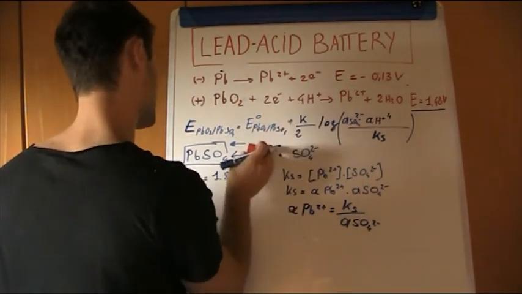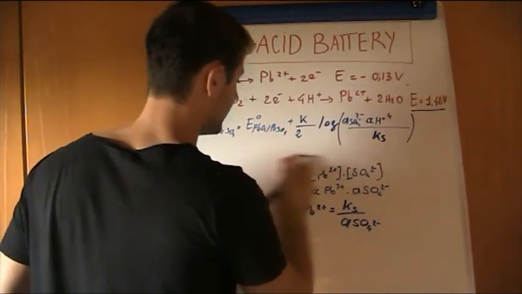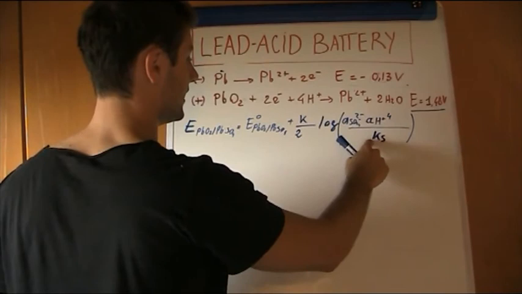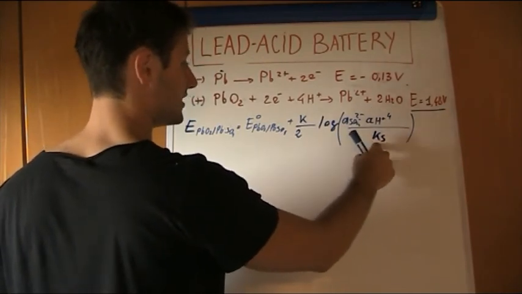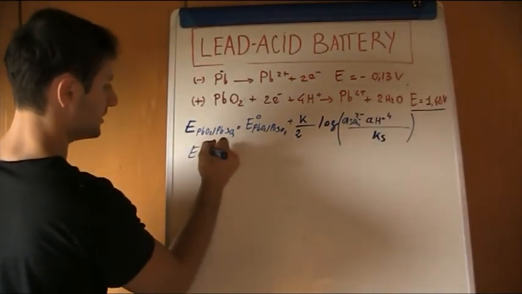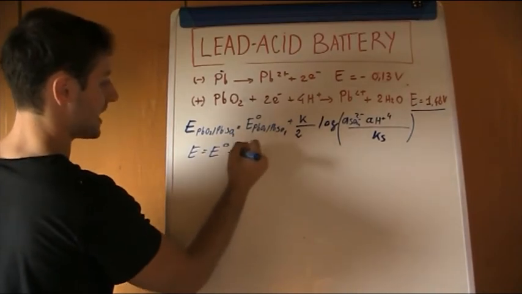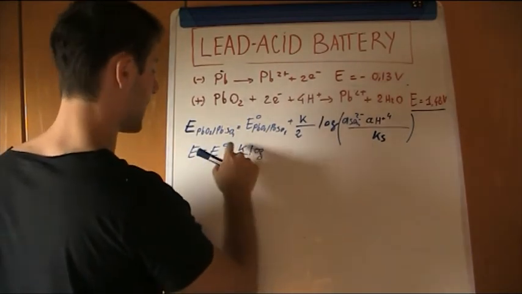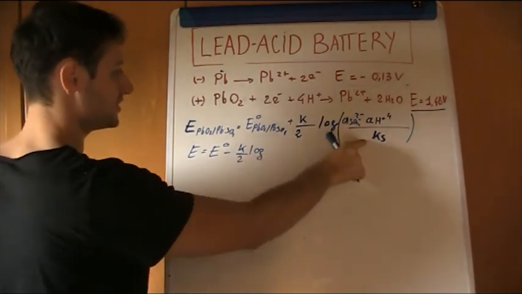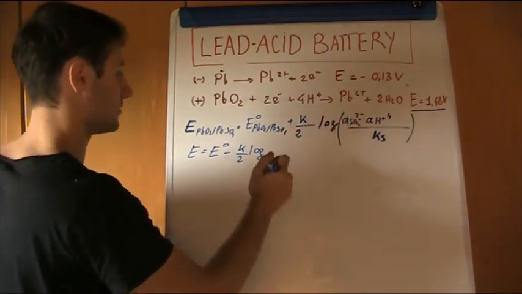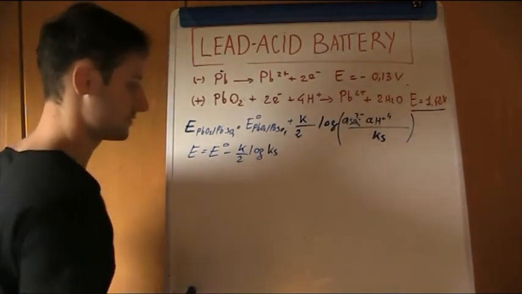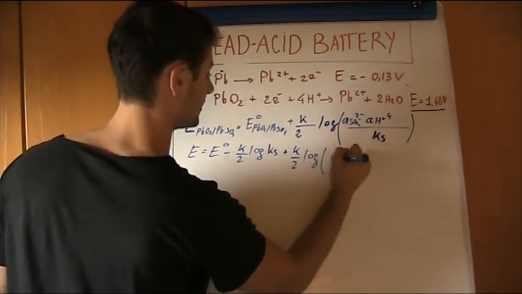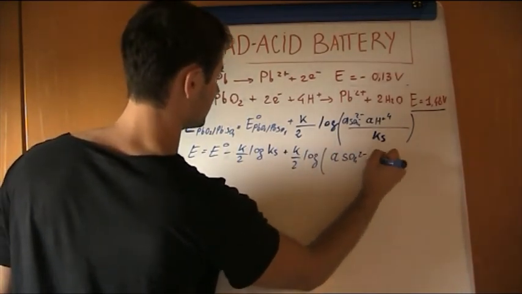So basically now what is important to say is that we can take this component and put it outside. So E is equal to E0 plus K2 log of Ks, because this is at the denominator, plus this activity of this.